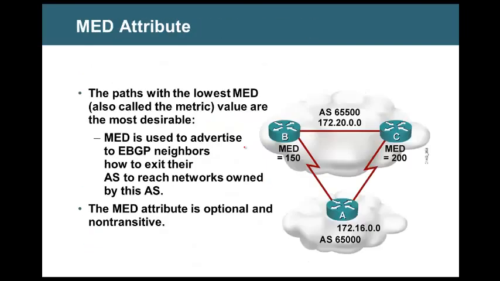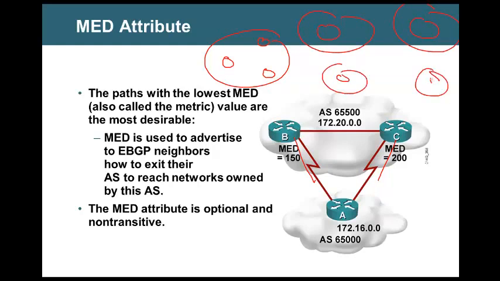For practicing MED, you need to have this type of multiple exit. Our topology that I shared with you has one AS like this, one AS like this, another like this, another here, that's all. So there is no multi-exit. If you want, you can do MED here.